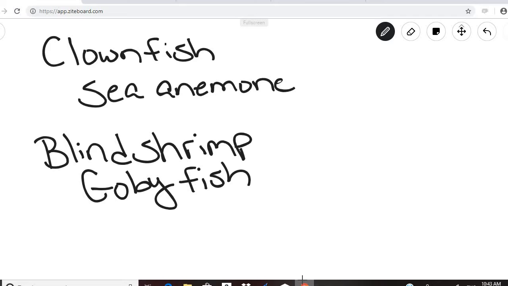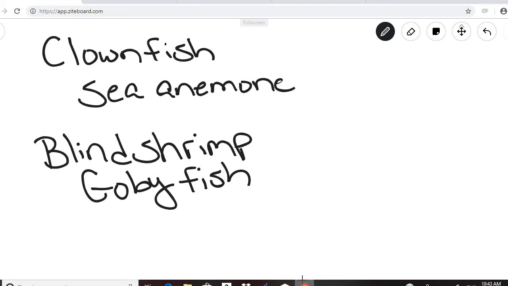And as you can imagine, the water is constantly washing into the hole or the burrow, and so the shrimp has to constantly be digging, and yet it doesn't see very well, so it can't see when predators are approaching. So that's where the goby fish comes in. The goby fish basically stands guard, and the shrimp keeps contact with the goby fish, and if a predator is coming, the goby fish will alert the shrimp, and they will both scurry into the hole.